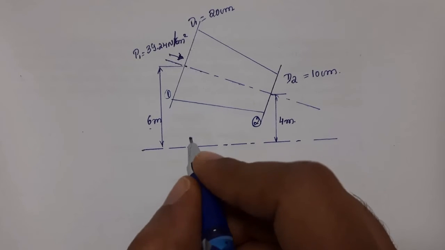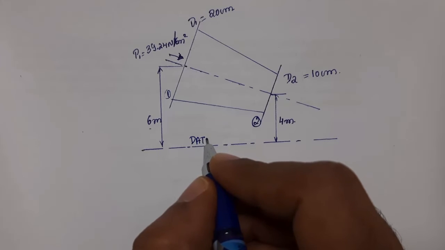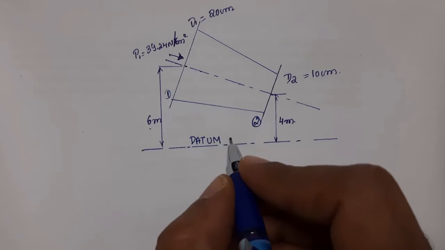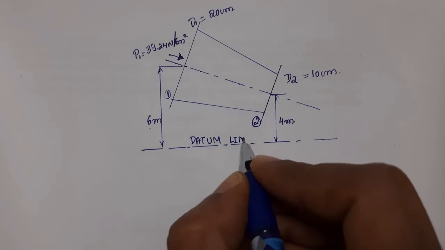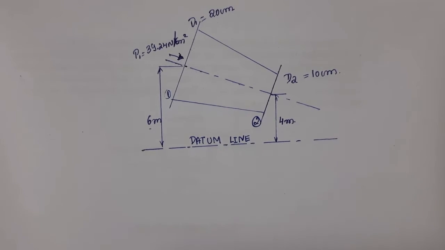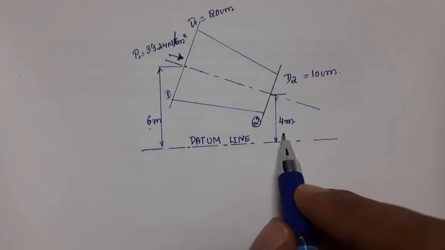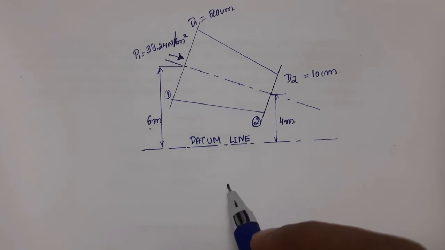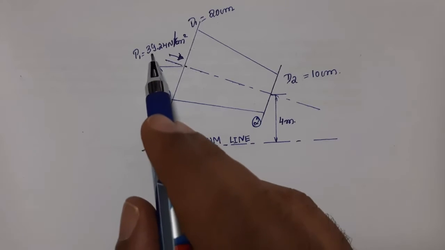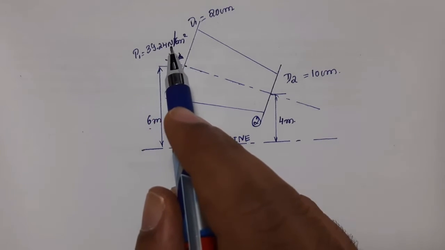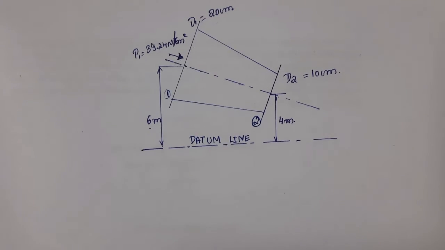This is the datum line, and the section 2 is at 4 centimeter above the datum line. Now the pressure at section 1 is 39.24 Newton per centimeter square here.